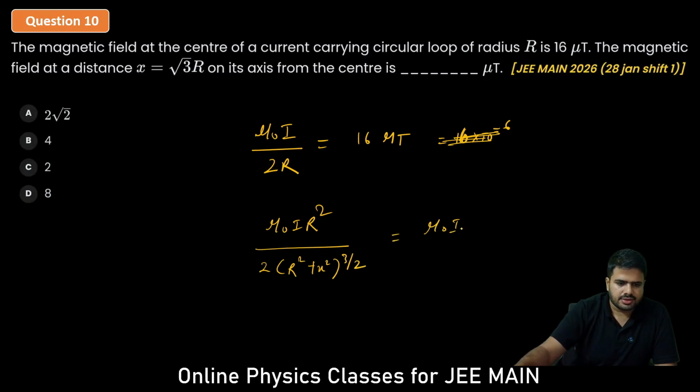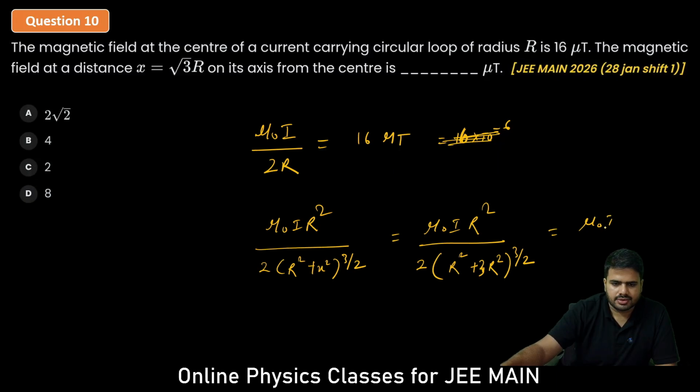So mu naught I r square by 2 into r square plus x square, and x value they have given is root 3r. So root 3r square gives 3r square, and we get 4r square. Mu naught I r square by 2 into 4r square to the power of 3 by 2.